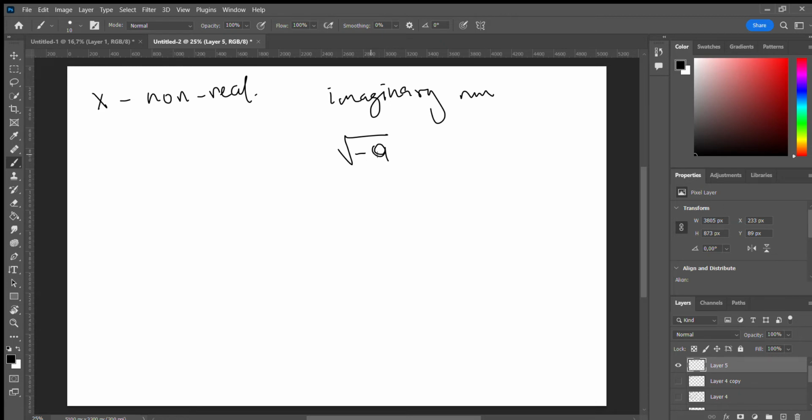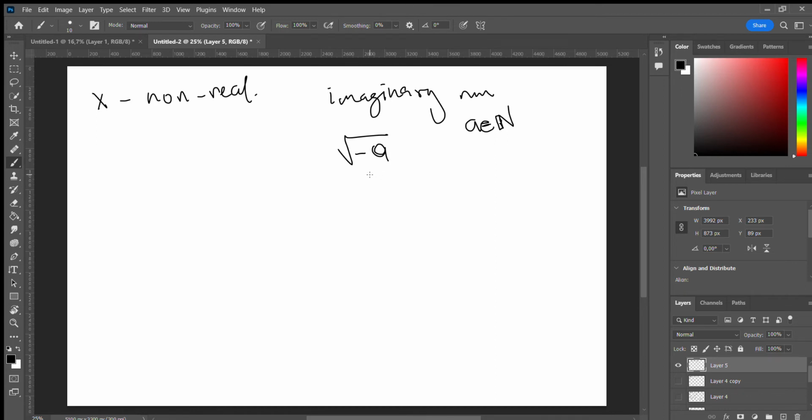if a is a positive integer, so not even a positive, let's say a is an element of the natural numbers, not even a whole number, because a whole number includes 0. So if a is 0, then minus 0 is 0. But let's say a is a positive integer or a natural number, then this root is non-real.